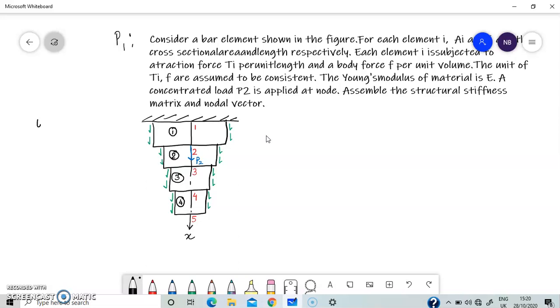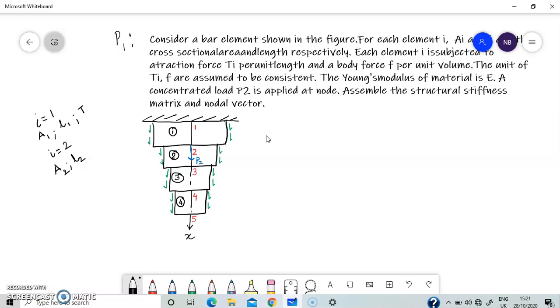Now we are told for i equals 1, that is for element number 1, the area will be A1, that is Ai, and Li will be L1. Similarly, for element 2, i will be 2, so the area will be A2 and the length will be L2. Also, we are given that there is a traction force per unit length.